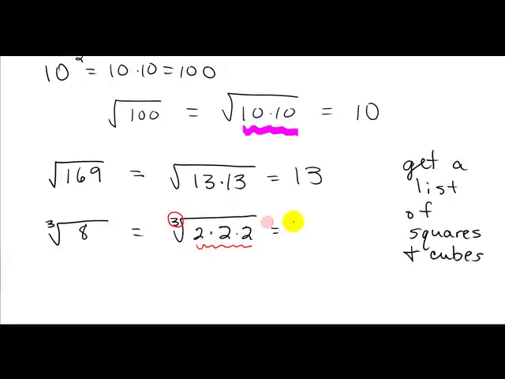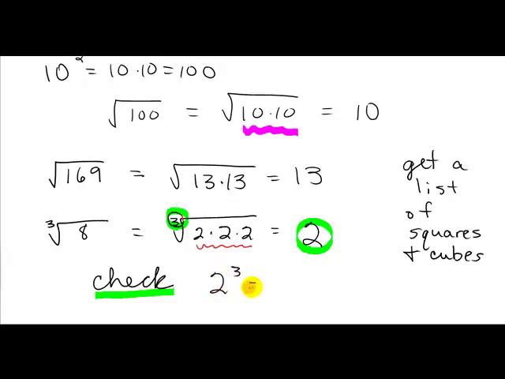I simplify it as 2. And to check that, let's go ahead and write this, you're looking at this and this 3. 2 cubed would give us the 8 that we started with. Okay?